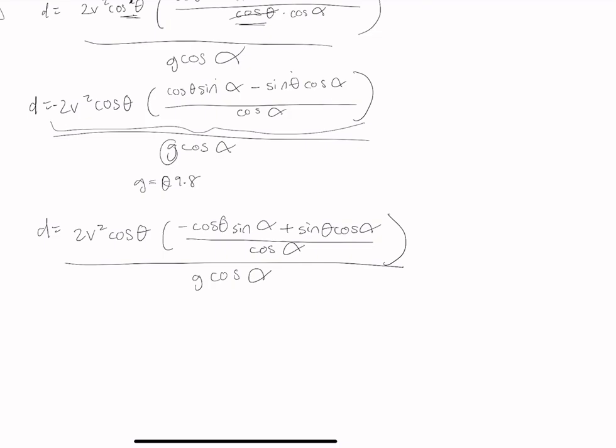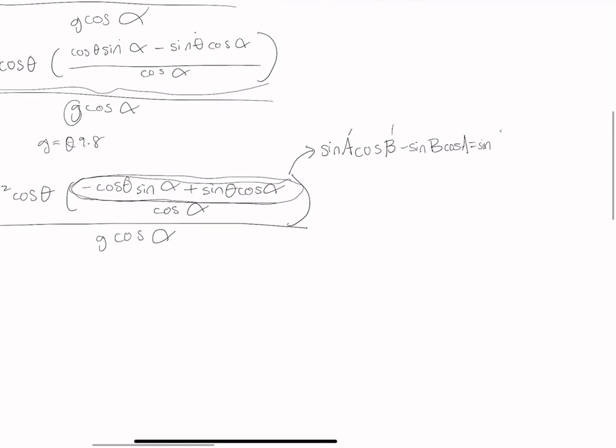My next step is to focus on just this numerator inside the parentheses because it's looking really familiar. Do you remember this trig identity: sine A times cosine B, A and B both being different angles, minus sine B times cosine A equals sine of A minus B?